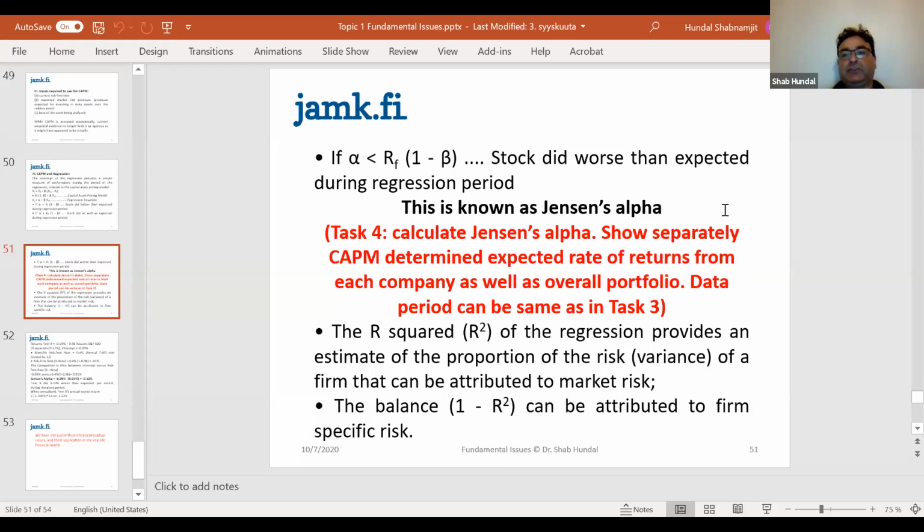Let me give you an example, and that example will be a non-financial example. In a classroom, there are 20 students, and I, being the teacher, organize a test for those 20 students. Obviously, those 20 students would have different marks.